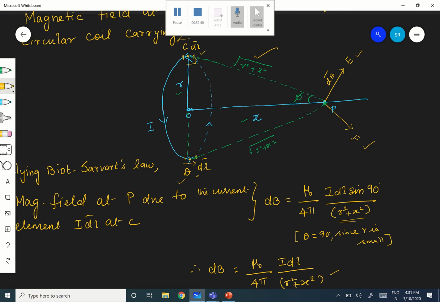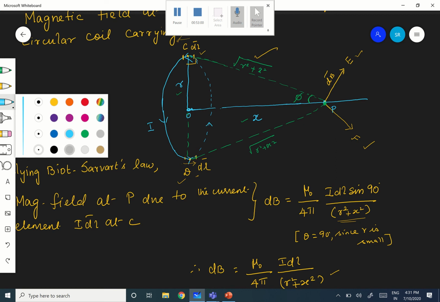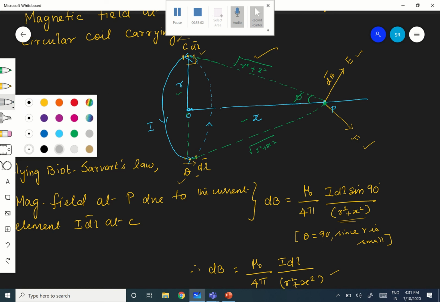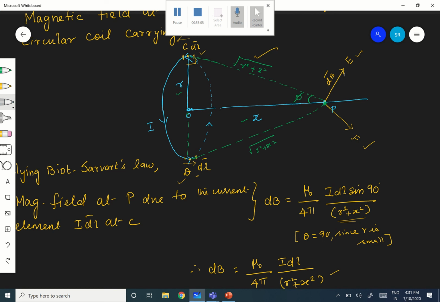One in this direction along, see, let me have some other, this one. If I am resolving, one will be in this direction. PE I am resolving into perpendicular and parallel components. The other one will be here.